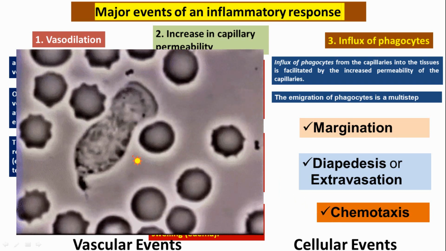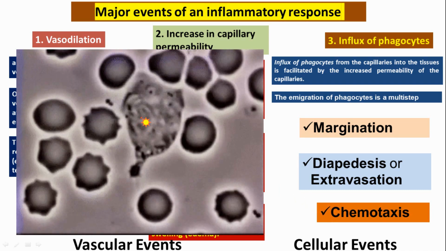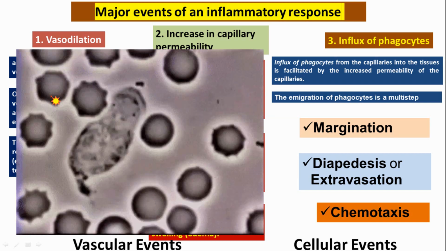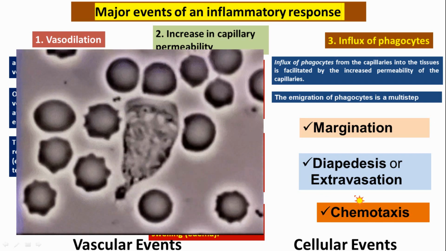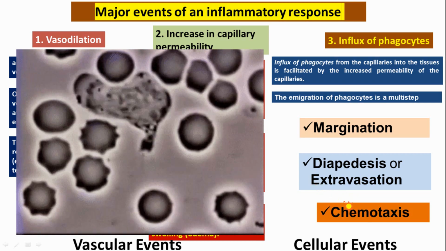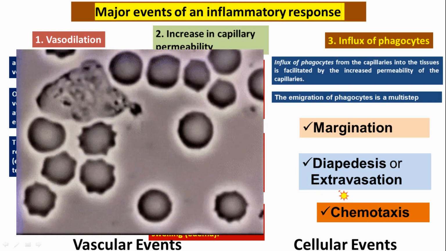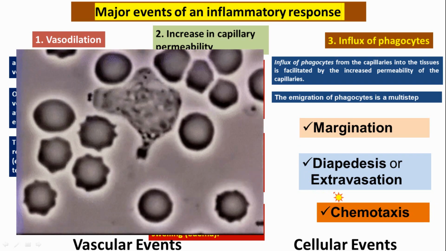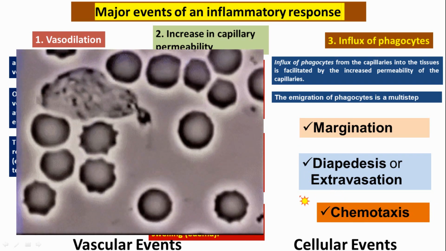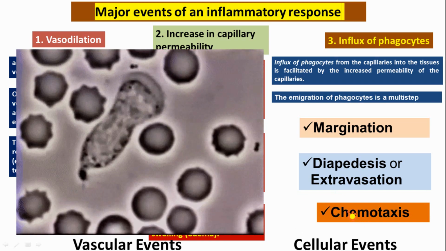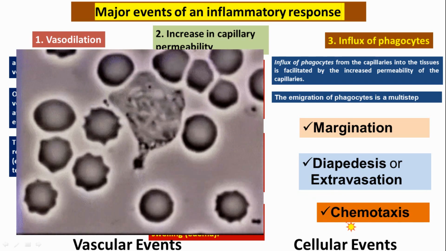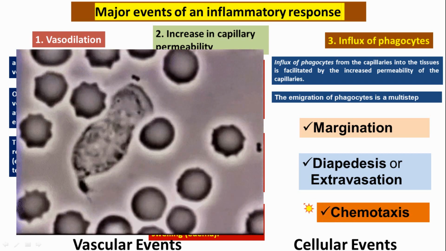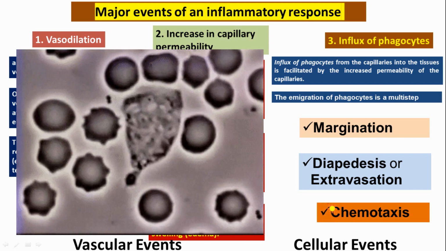The cell senses the chemical mediators and then starts moving towards the injured tissue. These chemical mediators can be secreted by both the injured tissue as well as by the bacterial cells at the site of inflammation. The phagocytic cells sense those chemical mediators and start moving towards the injured tissue in order to remove the infection from the site of inflammation.